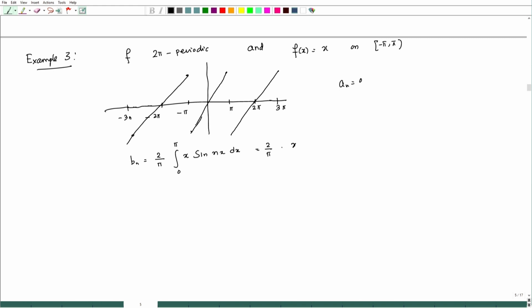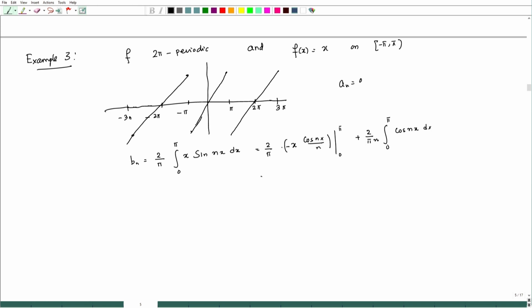So this is x, then with a negative sign, minus cos n x by n, from 0 to pi, and then minus minus plus 2 by pi, the integral from 0 to pi, the derivative of x is 1, cos n x dx, and then divided by n.